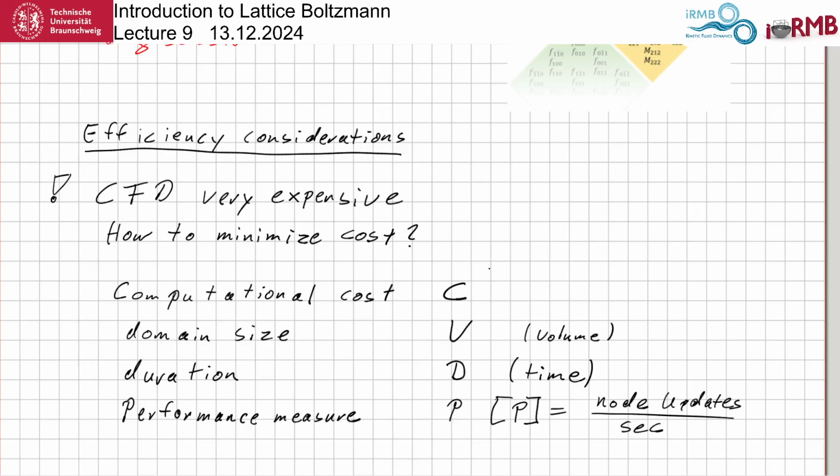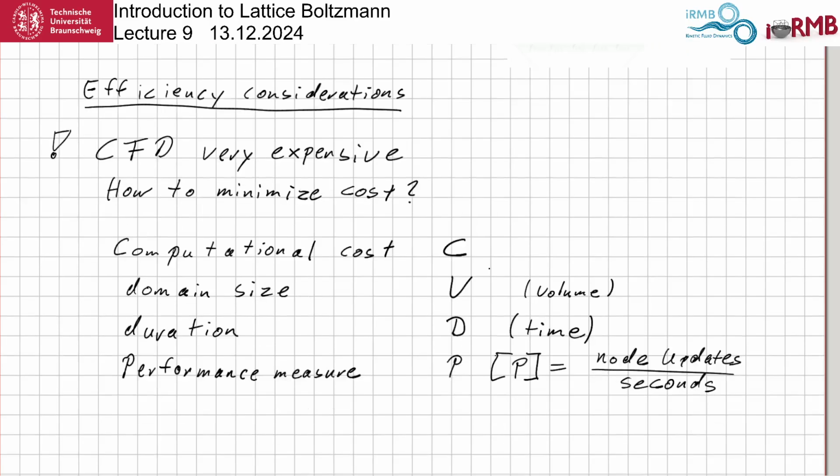Second means this is the time that we need to run the simulation, so it's the wall clock time. And this is abbreviated in the Lattice Boltzmann world as NUPS. Some people will ask you, how many NUPS does your code have? Usually they ask how many mega NUPS your code has, or nowadays they will usually ask you how many giga NUPS your code has.